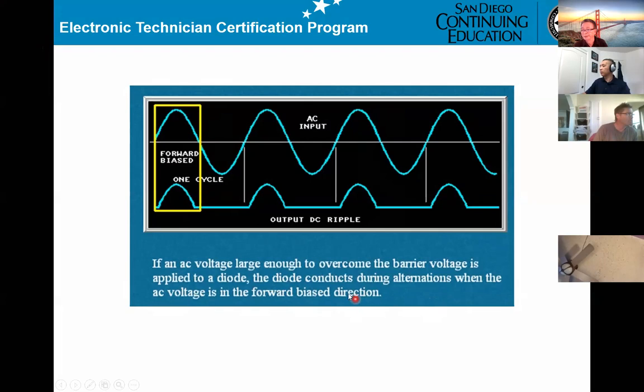Okay. Welcome. Now this is a sine wave applied to the diode. And the output of the diode will be, when the positive comes in, the diode will be on.